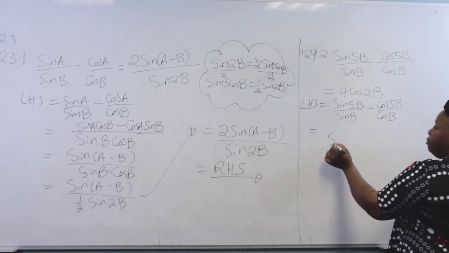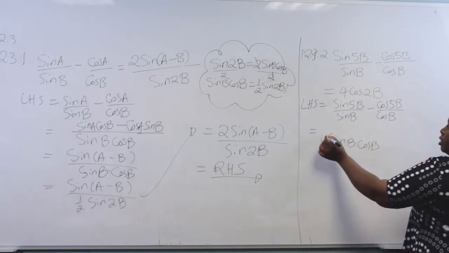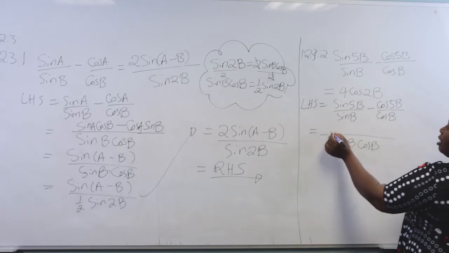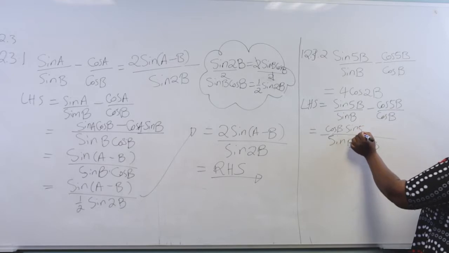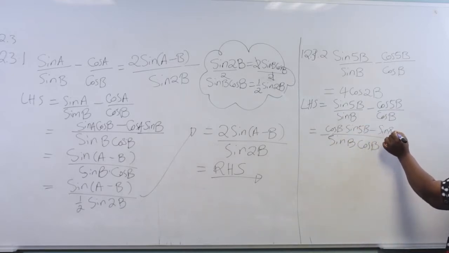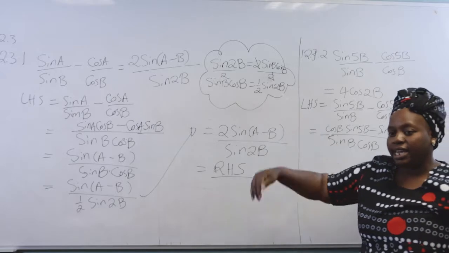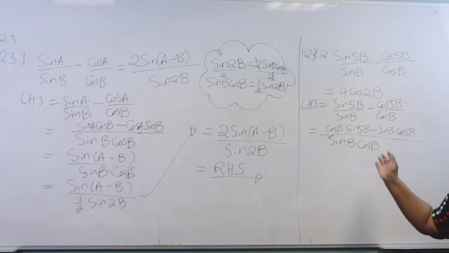It's going to be sine B cos B. There we will have cos B multiplied by sine 5B minus sine B multiplied by cos 5B. Still, if we look at this, it's the reverse of the compound angle of sine. So we need to take it back.